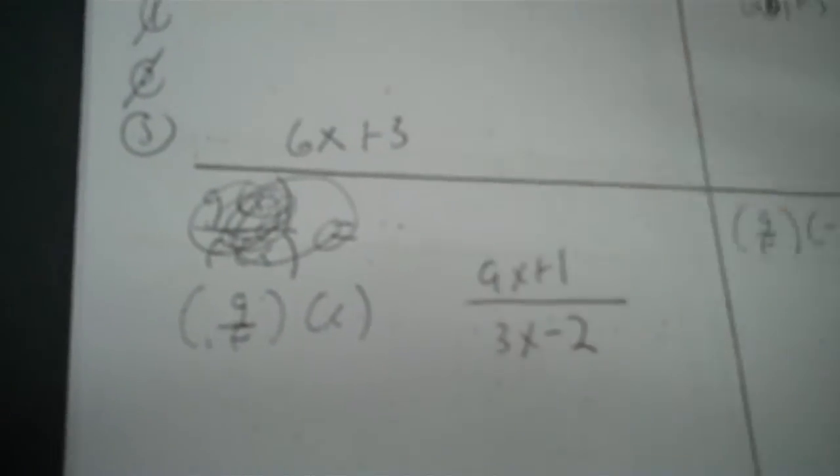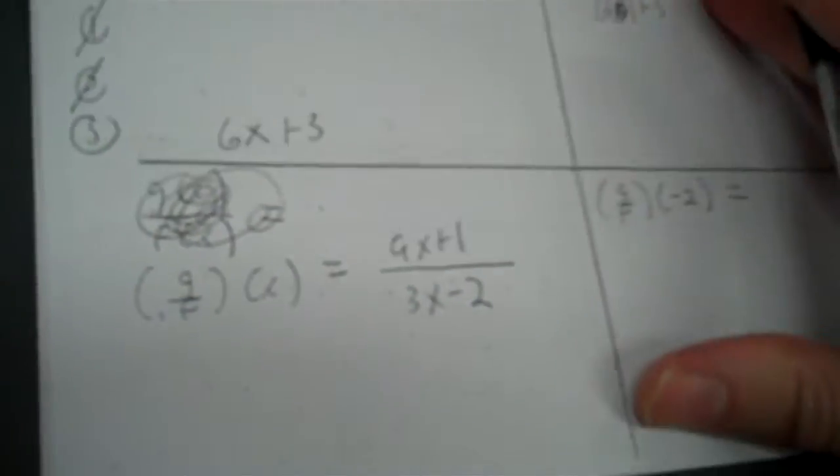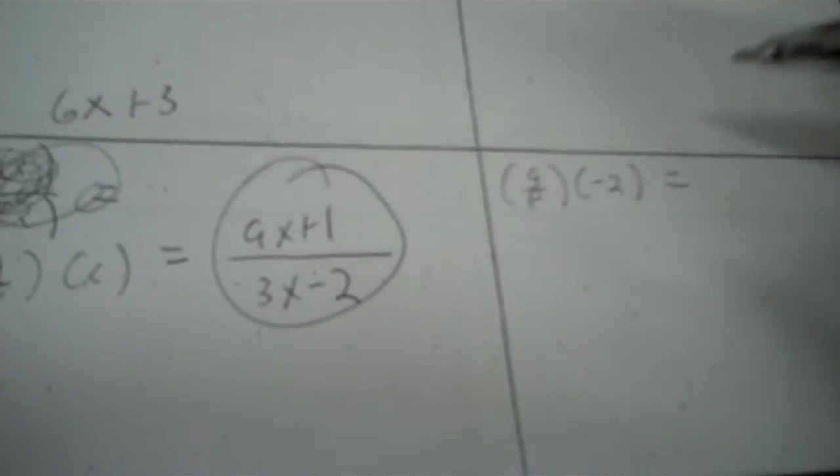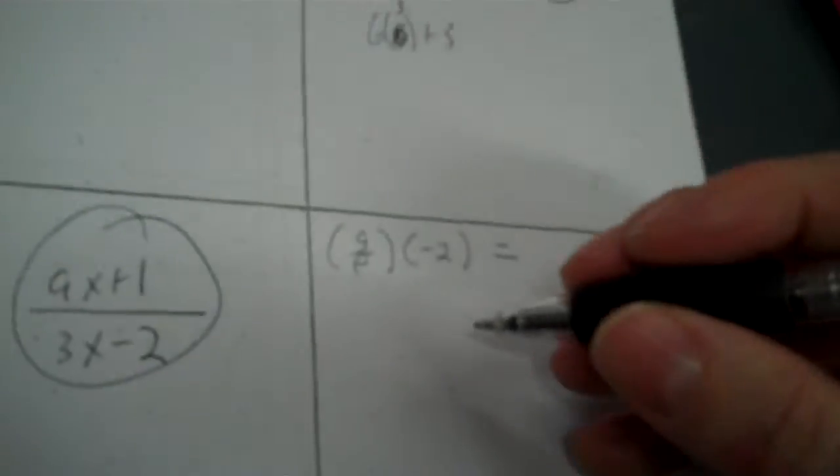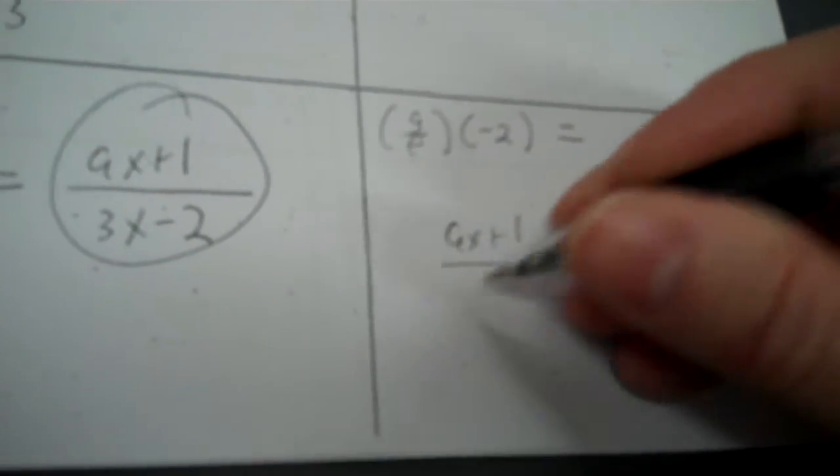Remember division. You just make a line. You put the g, 9x plus 1, and the f, 3x minus 2. Don't divide expressions, okay? That's what it's equal to. And now g divided by f of negative 2, that means I just put a negative 2 in for x here and here.